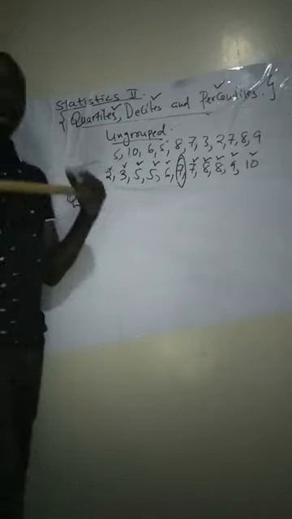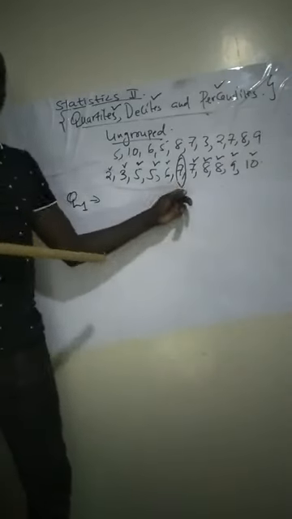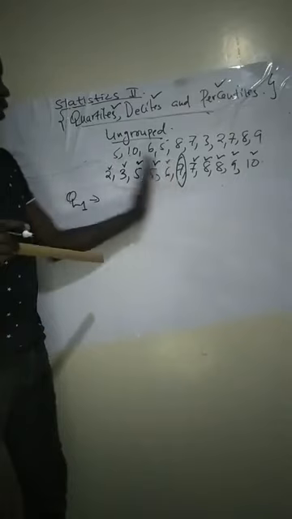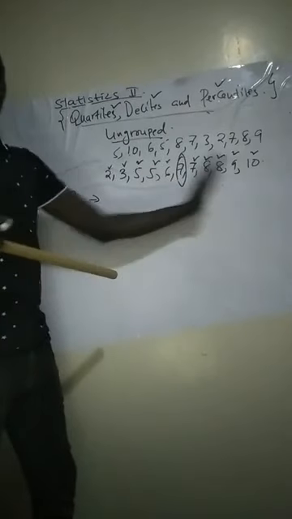If I give you ungrouped data and tell you to find the upper quartile or the lower quartile, I expect you to start by getting the median. Why is the median important? Because it divides the data into two equal parts.